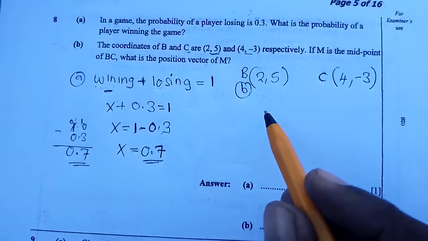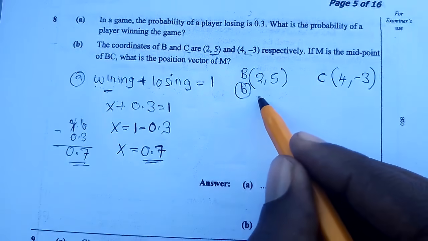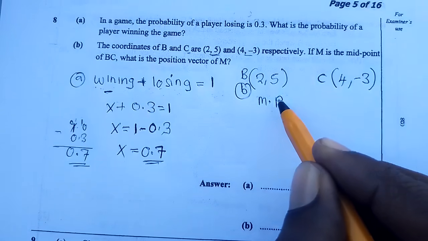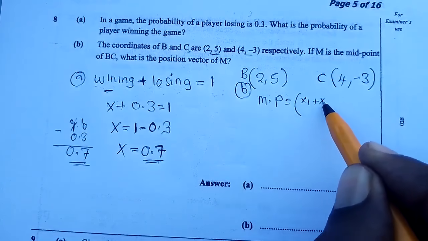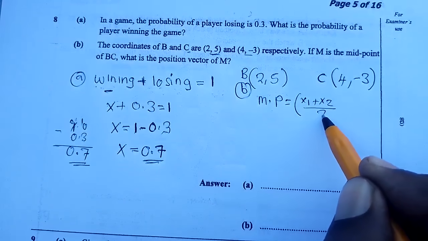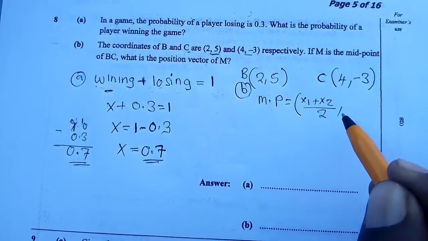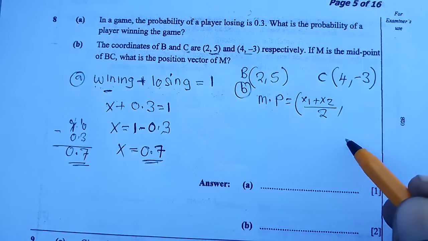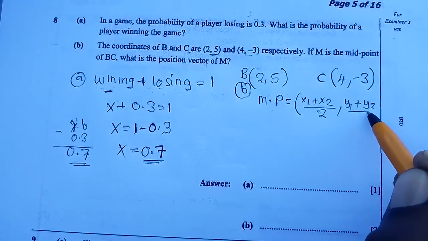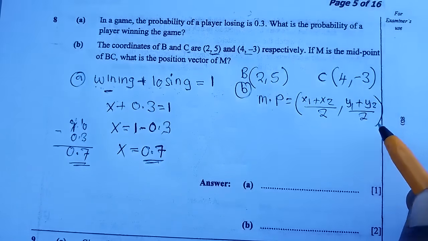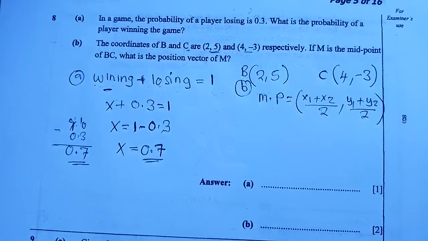You find the midpoint. The formula for the midpoint is this one. You say x1 plus x2 over 2, comma, y1 plus y2 over 2 also. So this is the formula for the midpoint.